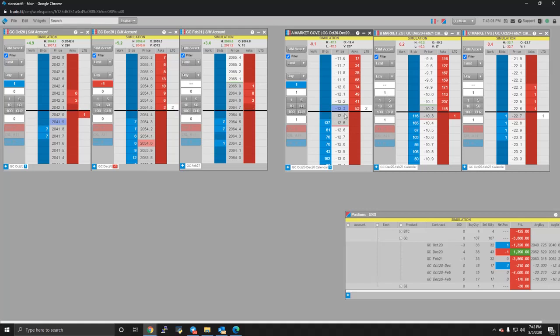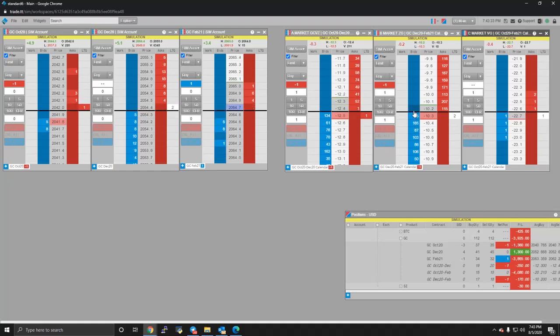Now the inverse is going to be true if I was short the C market. So if I sell the A market and I sell the B market, my position is short the C market. I'm short OC Feb calendar spread. And now to show the similarities here, if I exit my A market position, I'm just left short the B market and go back into a C market position.